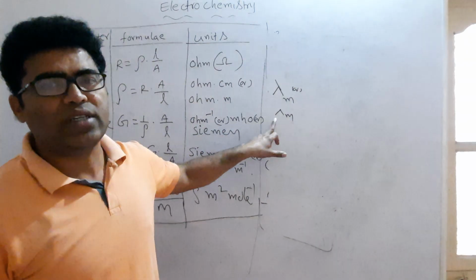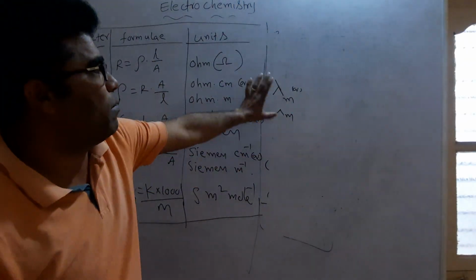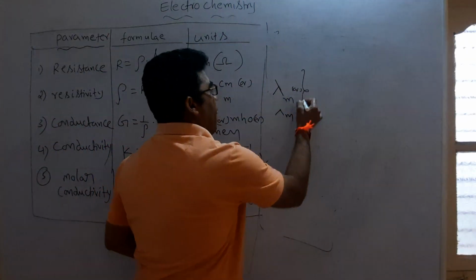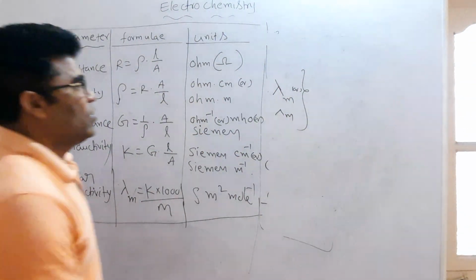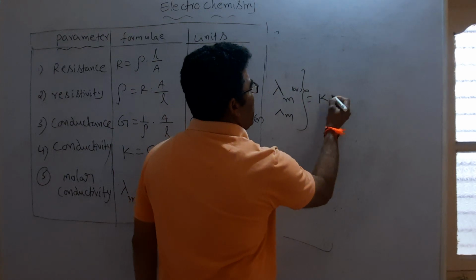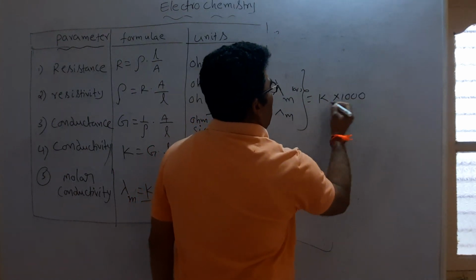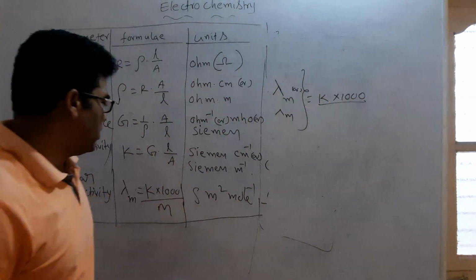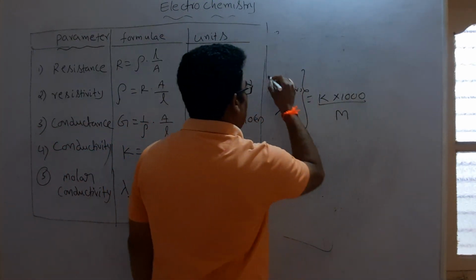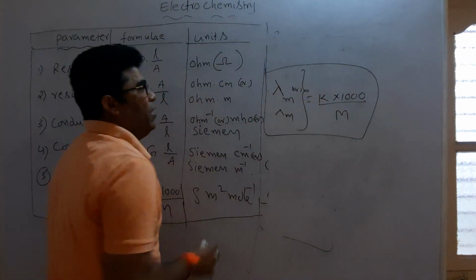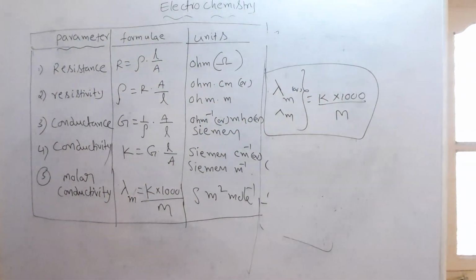Anyway, you pronounce it as lambda m. Molar conductivity is equal to K into 1000 by M, where M means molarity.